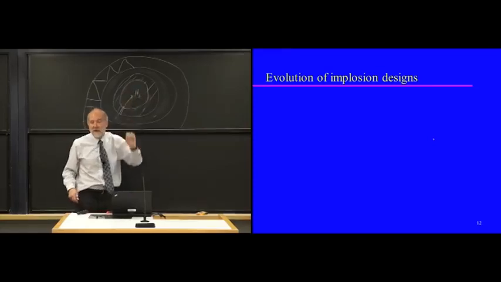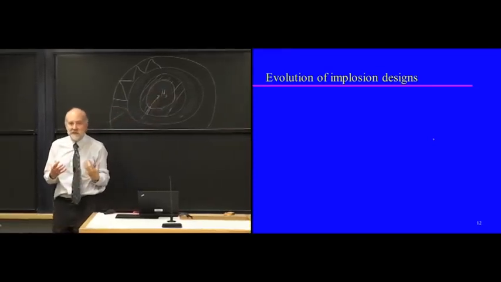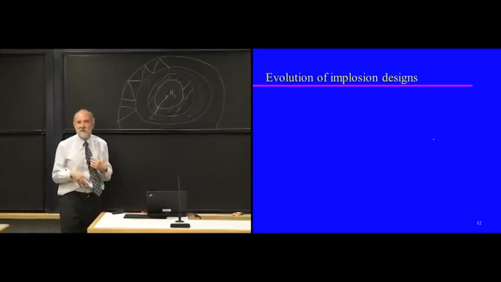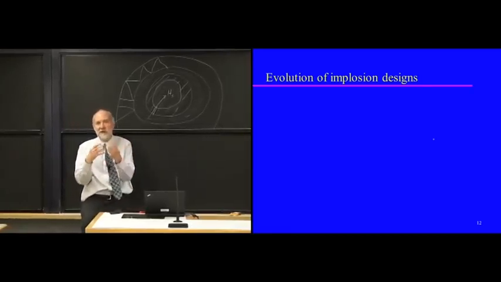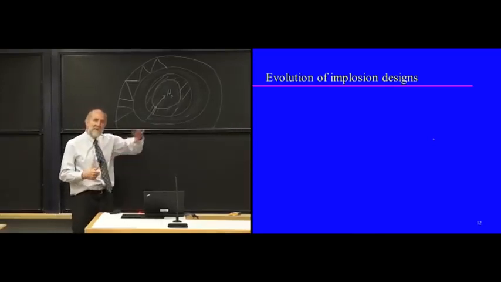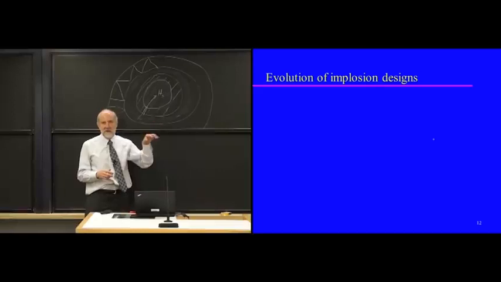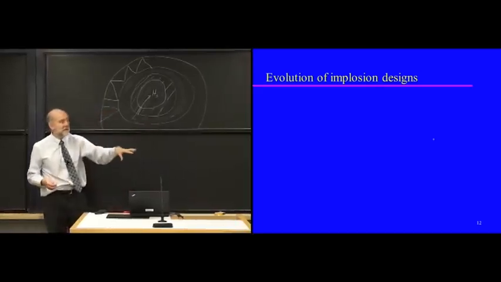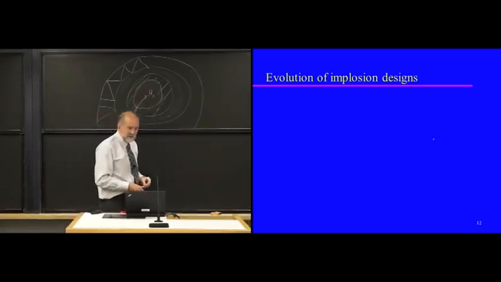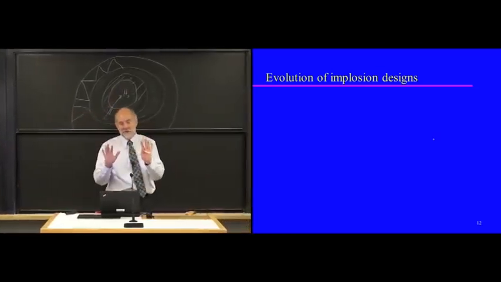So this is what's called a boosted weapon. This is not yet a real hydrogen bomb, but it's what's called a boosted weapon. The fission is being boosted by the fusion. Every modern thermonuclear weapon in the US nuclear arsenal, in the Russian nuclear arsenal, is a boosted weapon like that.